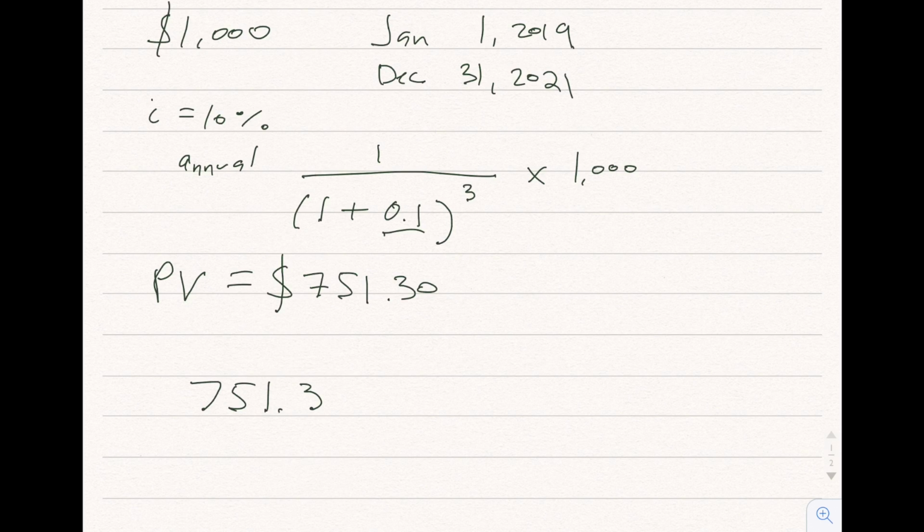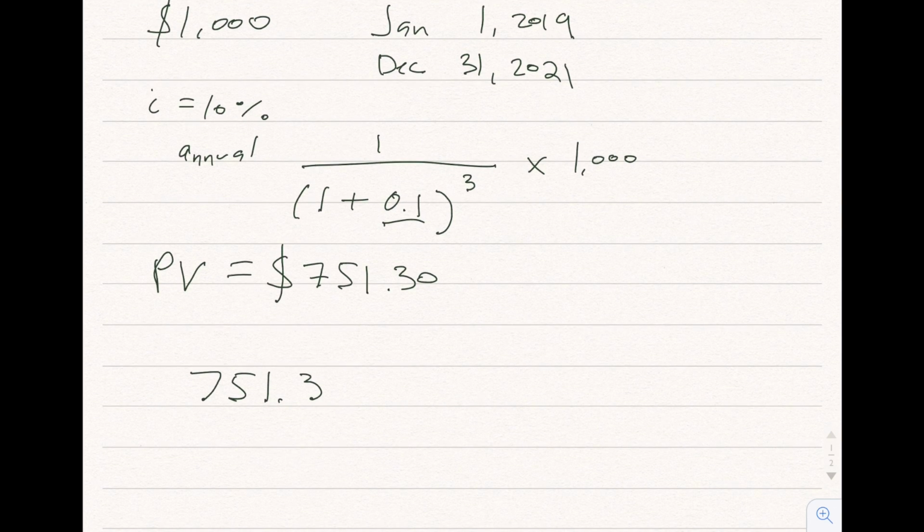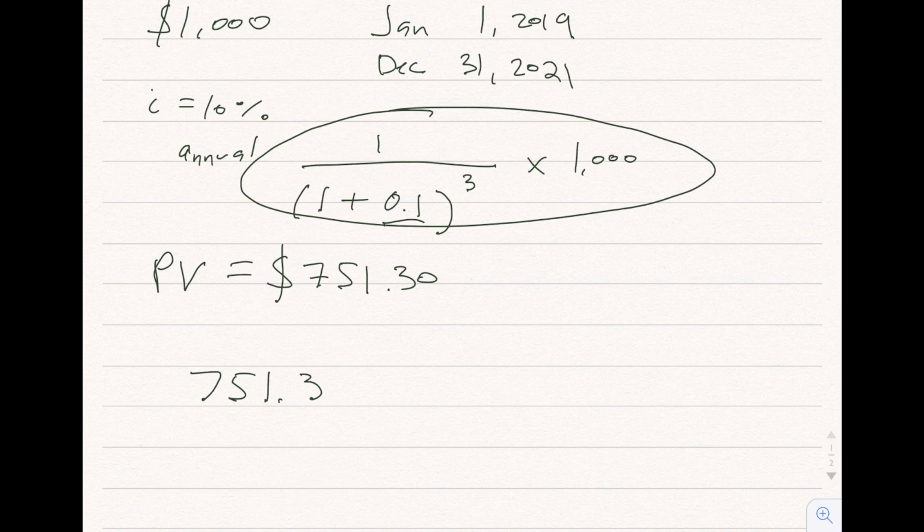So money in the future is worth less today, right? The $1,000 that's going to be 3 years from now is only worth 751.3, right? So if we invested at 10%, it should get us to $1,000, right? Because all we're doing with this formula is just working our way back.